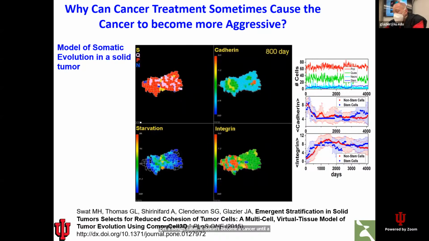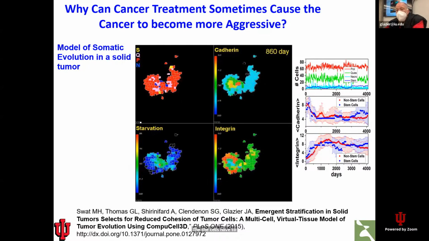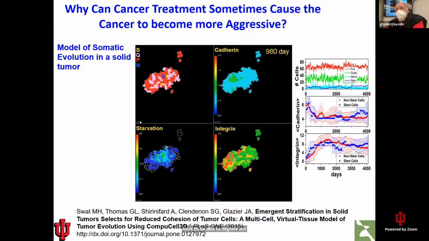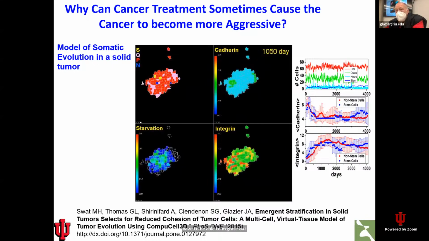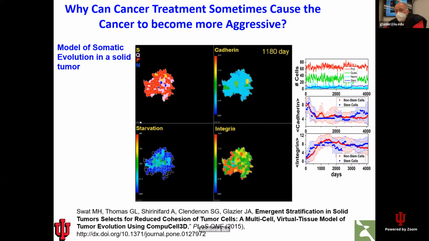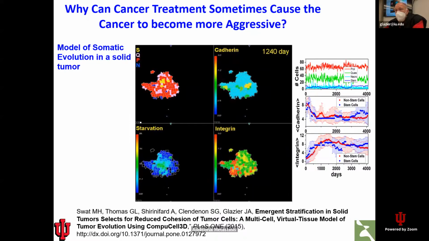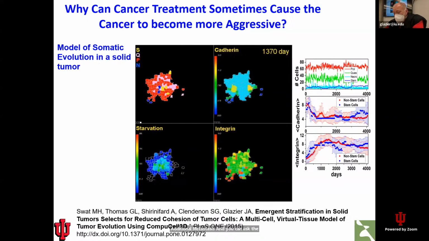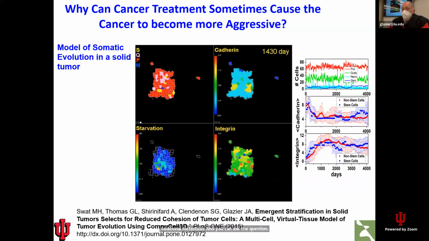The cells have to escape immune surveillance. They have to be able to migrate out of the initial tumor and form additional metastases.